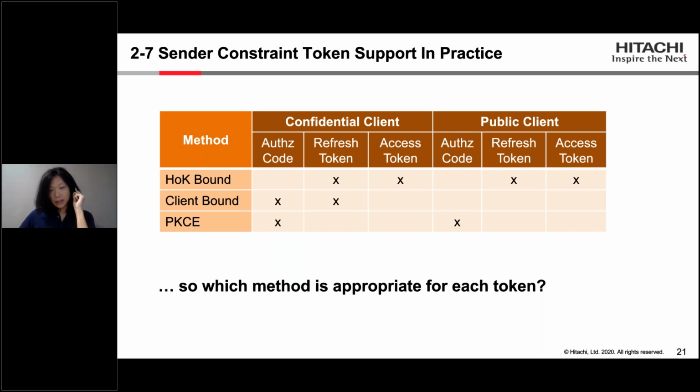You can see that several methods can support several tokens to be sender constrained. So the next question is, what is an appropriate way of realizing the sender constraint OAuth code, refresh token, and access token in each type of confidential and public client?